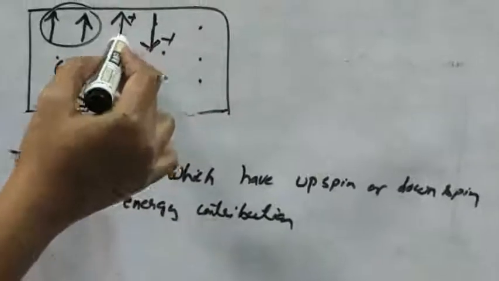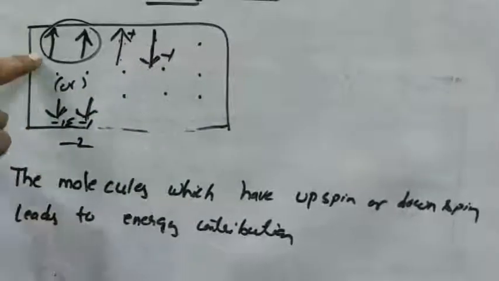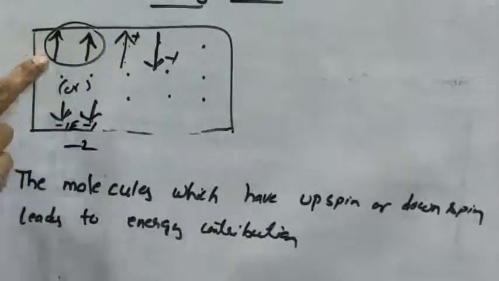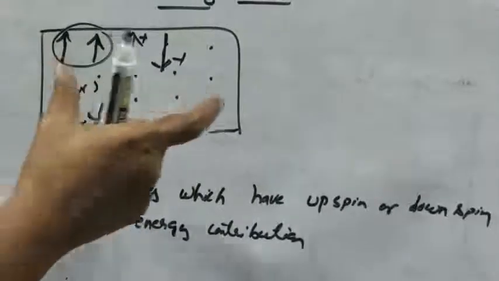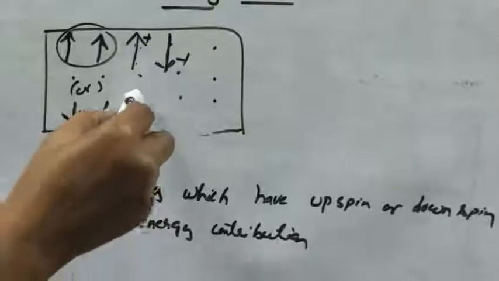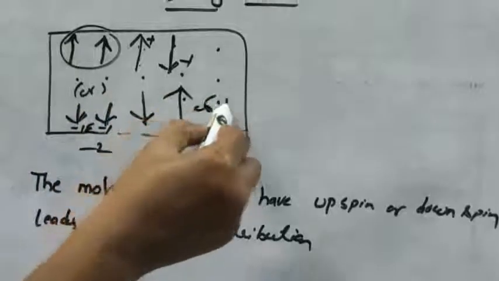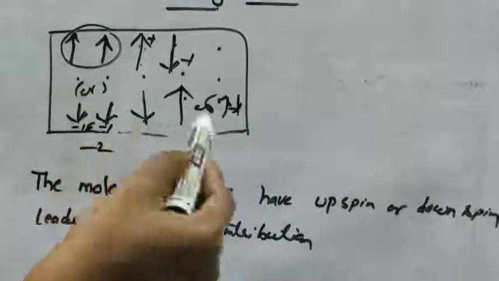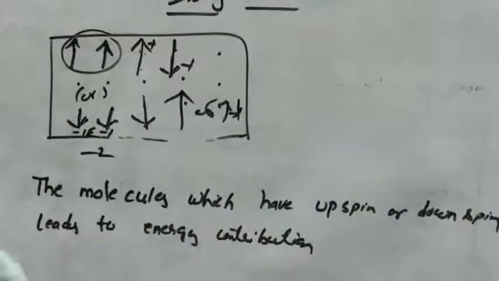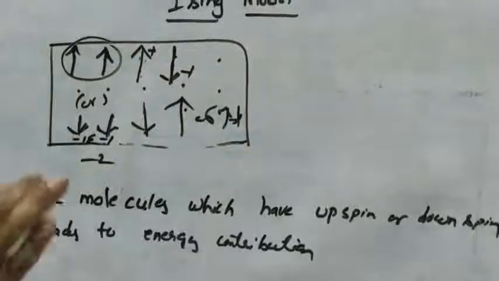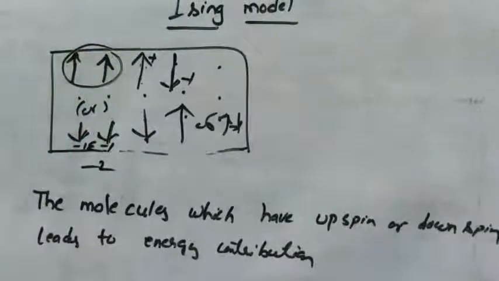No energy is added by the third and fourth molecules, like that. Either the molecules have both upspin or both downspin, they will contribute to the energy of the system, whereas molecules with one upspin and one downspin cancel each other, and such molecules do not give energy to the system. So this is the way to calculate the energy in an Ising model system.